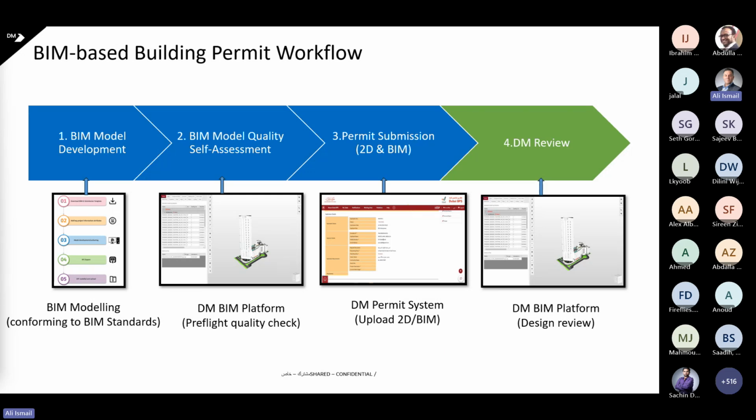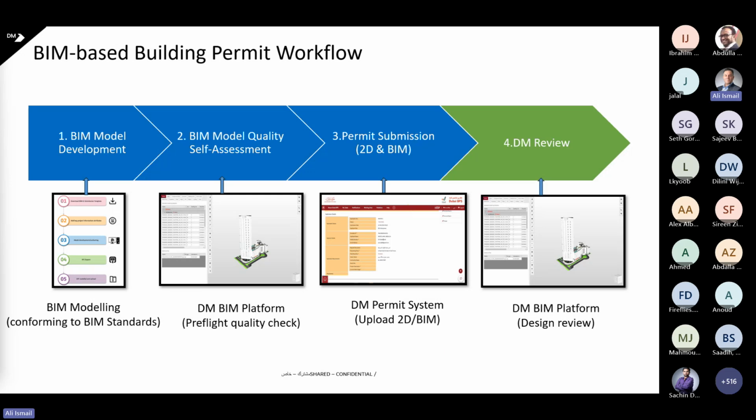You will be asked to select the BIM session, which is what you already uploaded, or different BIM sessions related to your project. Then the building permit engineers will start reviewing your model and will report to you any pending or open issues to be fixed.